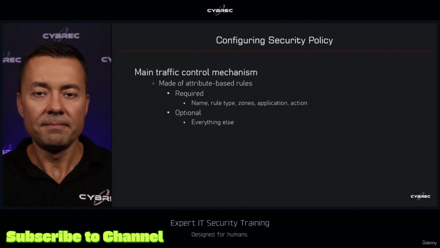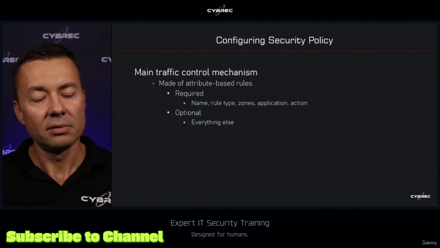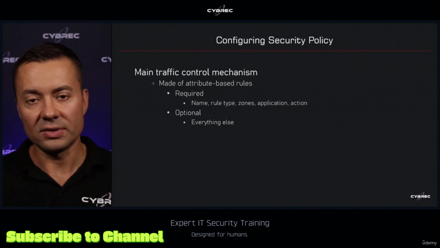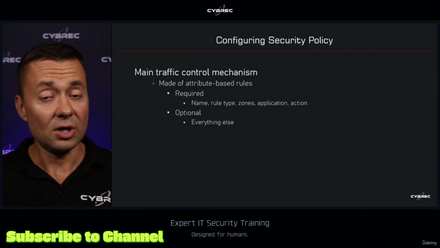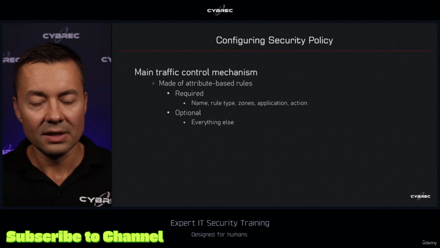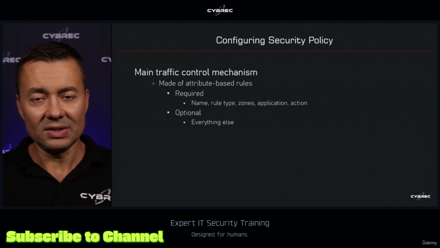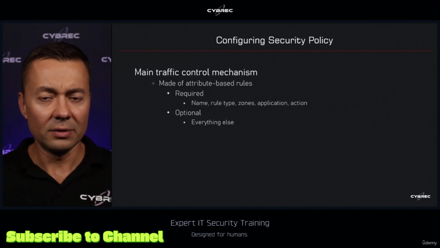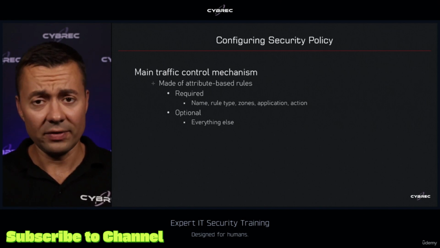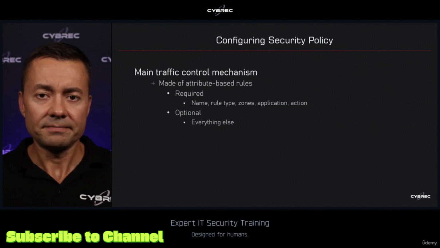Required attributes include the rule name, rule type, intrazone versus interzone versus universal. We've got security zones for the source and destination, and application and action. So this is something that you need to specify when you configure a rule. Now, instead of an application, technically you can configure a port number, a service, and specify so-called application default inspection.